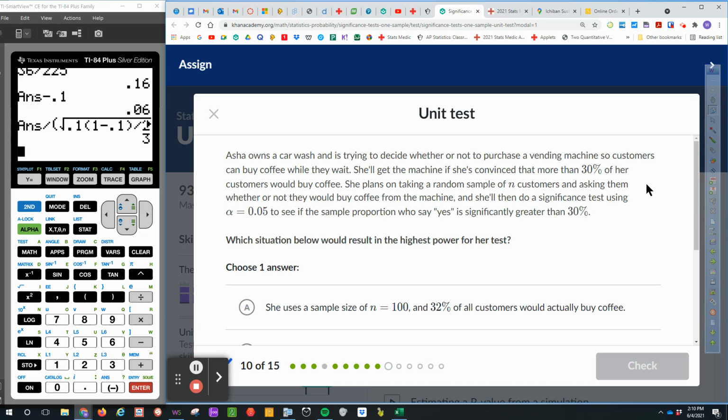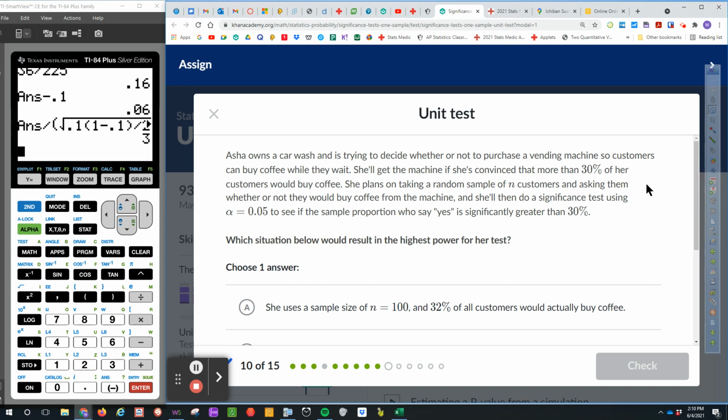She will then do a significance test using an alpha of 0.05 to see if the sample proportion who say yes is significantly greater than 30%. Which situation below would result in the highest power for the test?